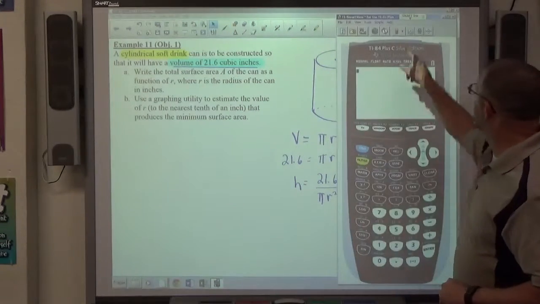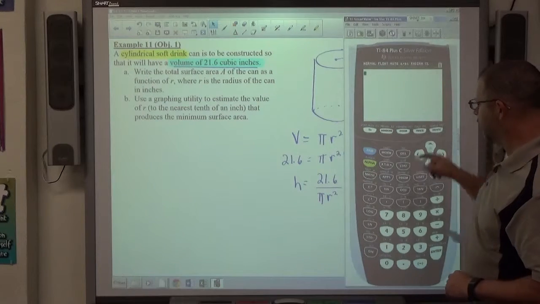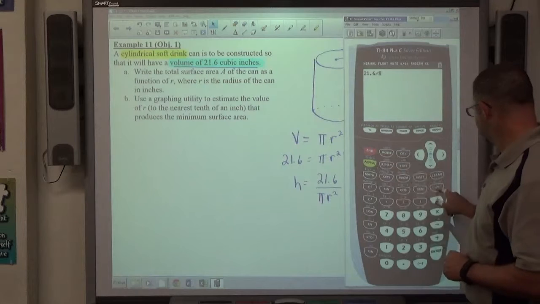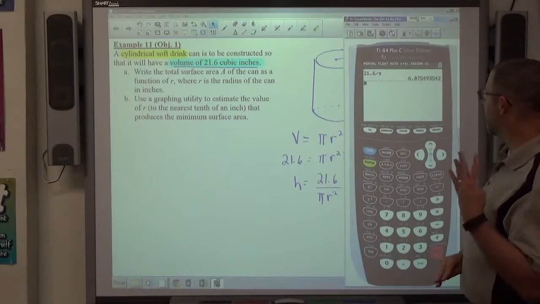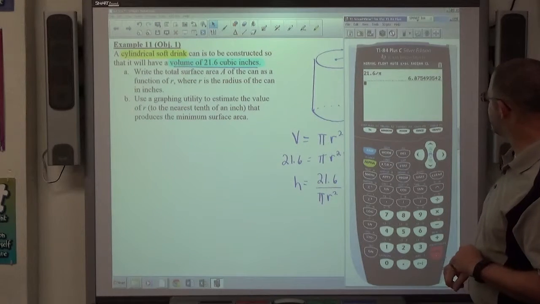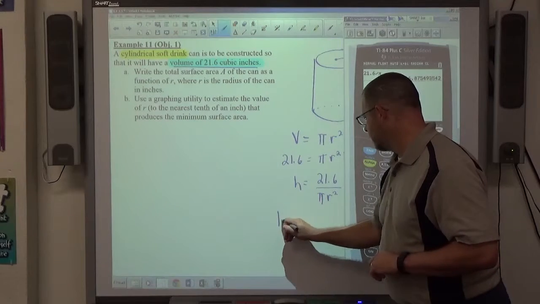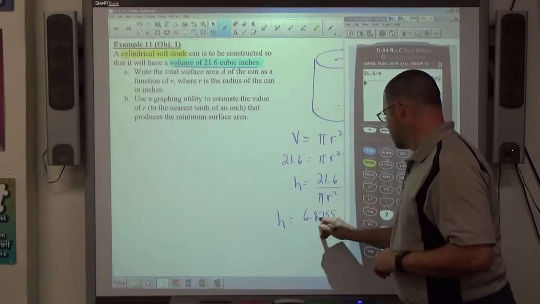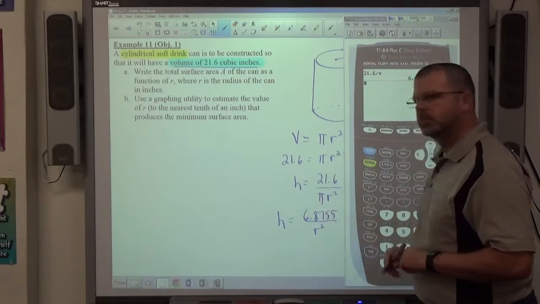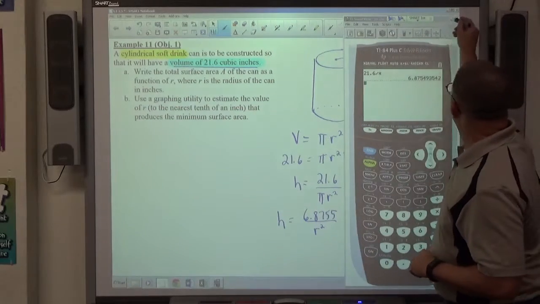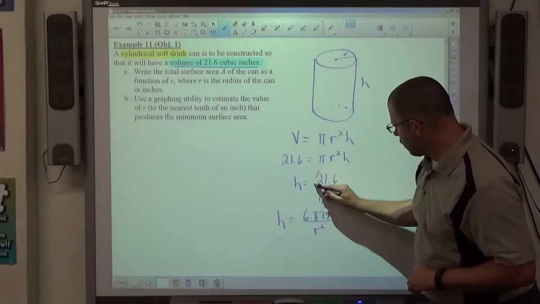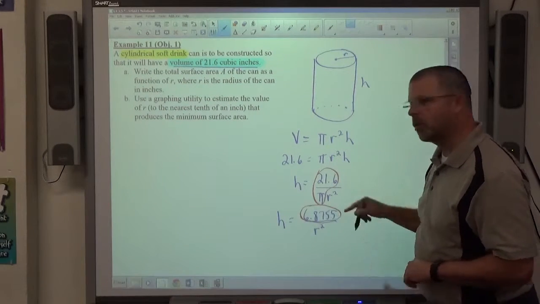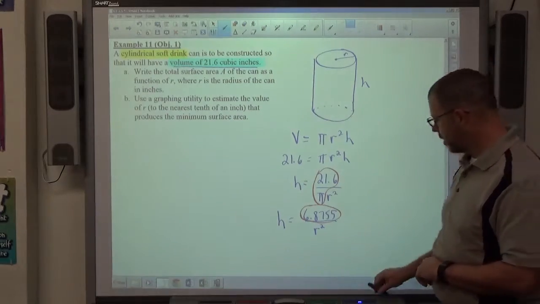And for the sake of making this problem a little simpler to look at, I'm going to divide 21.6 by pi. I'm going to approximate to 4 decimal places, so 6.8755, over r squared. Okay, so 21.6 over pi made this number, and the r squared is still on the bottom.